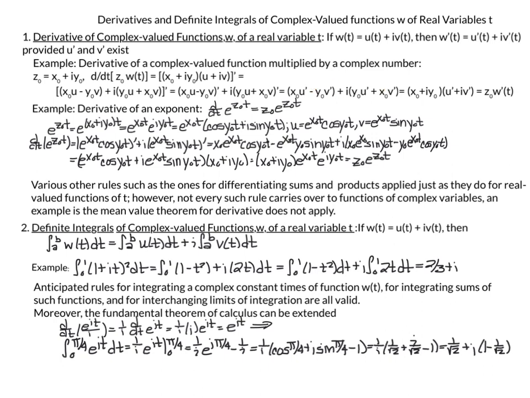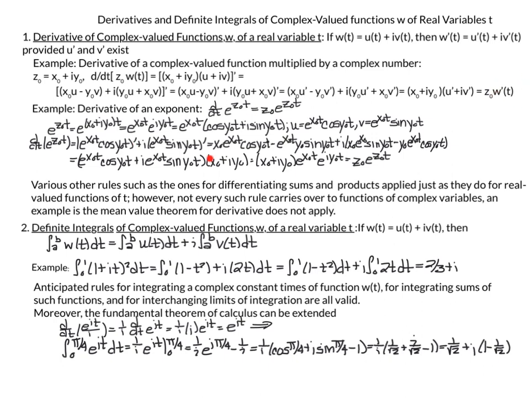I rearrange, I factor out my x naught plus i y naught, because it would be really convenient if this looked like z naught and w prime of t. And when I factor out a z naught, what I'm left with is w prime of t, which is very convenient because we have this nice formula where the derivative of a complex number times our function is equal to the complex number, we just pull out the complex number as a constant, times the derivative of w of t.